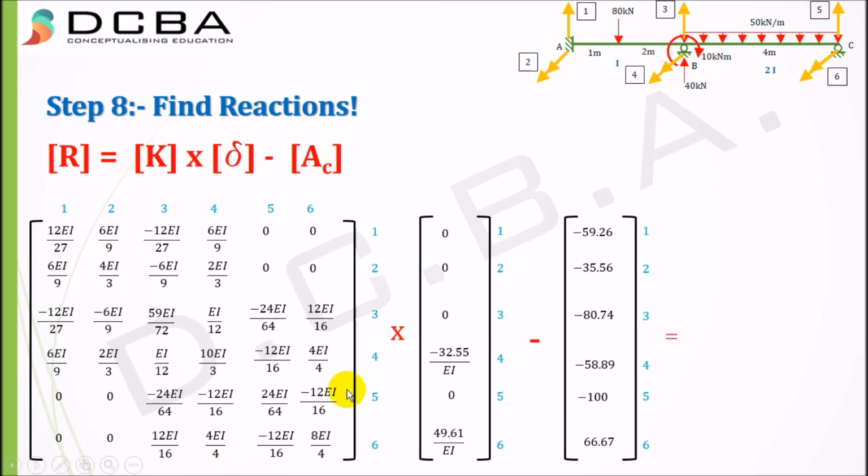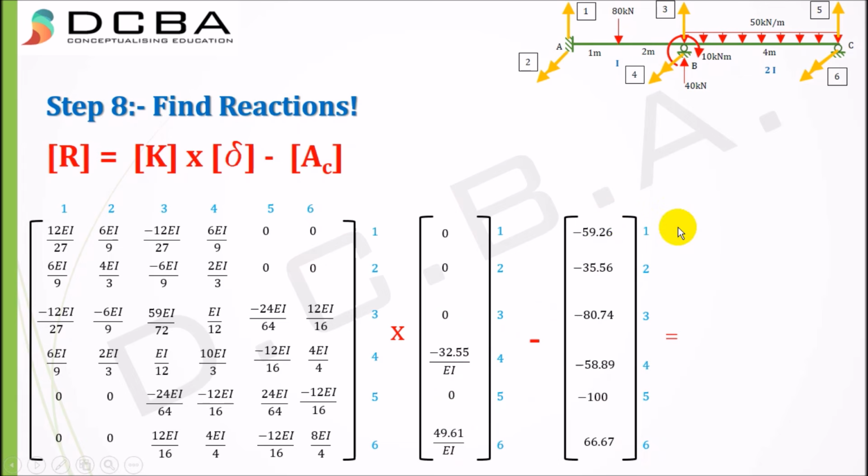This is the K matrix, the total stiffness matrix, into my displacement matrix, which is delta A is 0, theta A is 0, delta B 0, theta B we just found out in the previous step, delta C 0 and theta C we found in the previous step. So we need to substitute them here, and the rest all others would be 0. Minus AC, that is my combined load matrix.